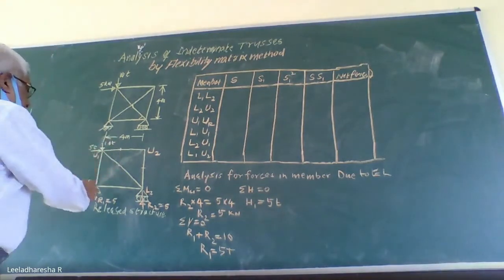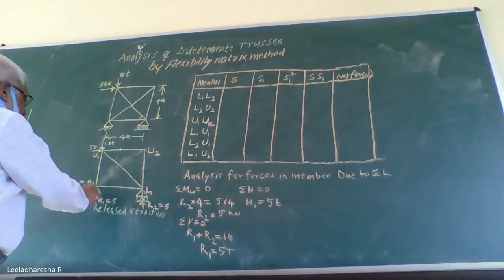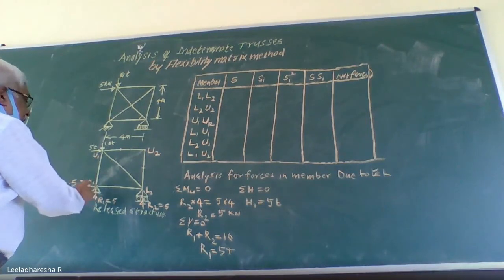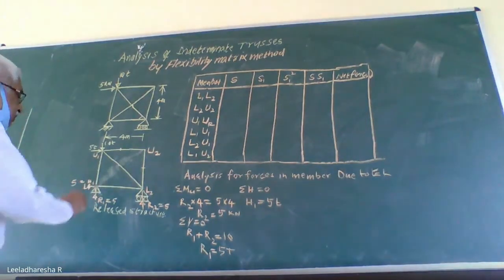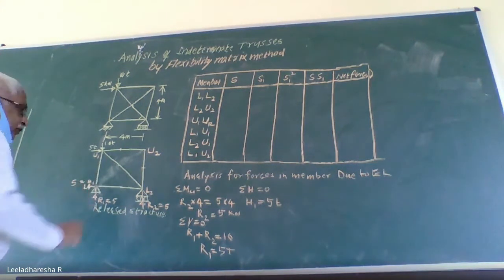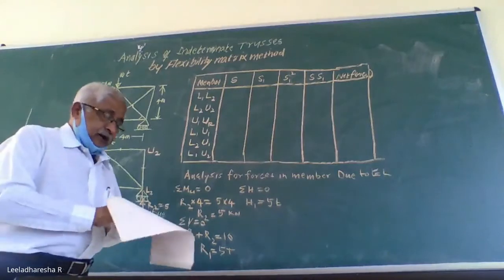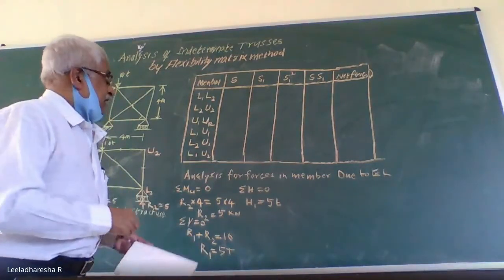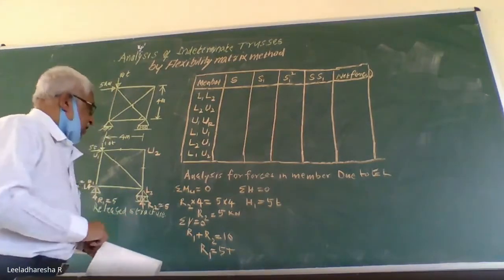Okay, now I consider equilibrium of joint L1. There are 2 unknown forces and 2 known forces. Draw the free body diagram of this particular joint.